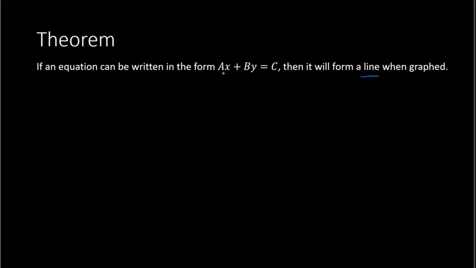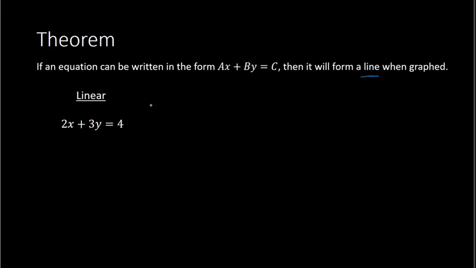So equations that look like this are called linear equations because they create a line. So for example, a, b, and c can be any number. So 2x plus 3y equals 4, for example, would be linear because a would be 2, b would be 3, and c is 4. So this equation, when graphed, would make a line.